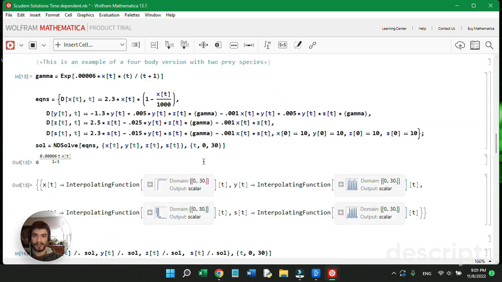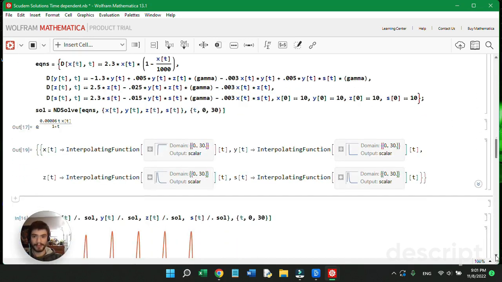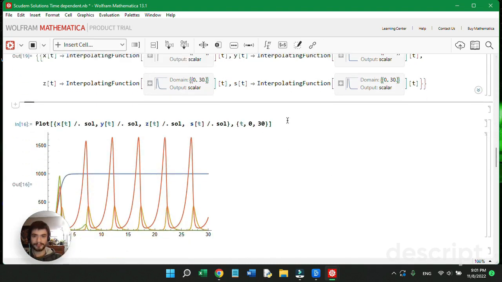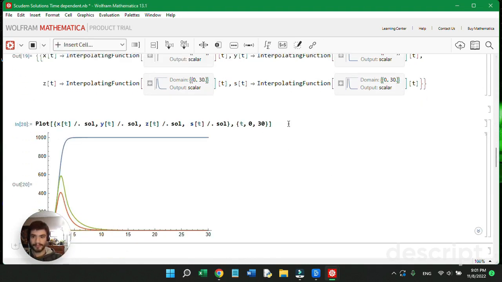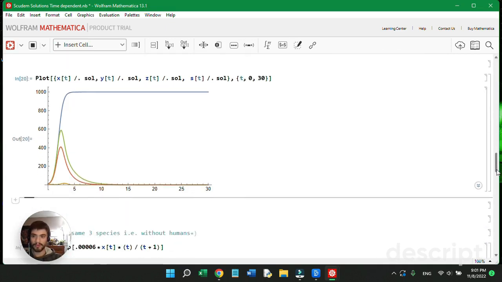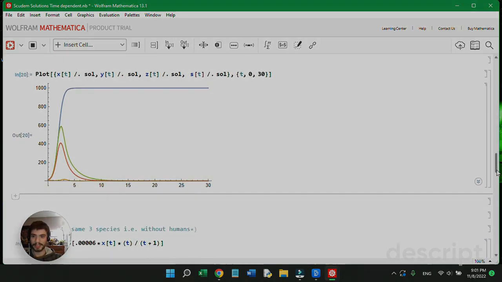And if we were to increase the amount at which we reduce the other three species population, and plot that, it leads to a degenerate solution where all three species go extinct.